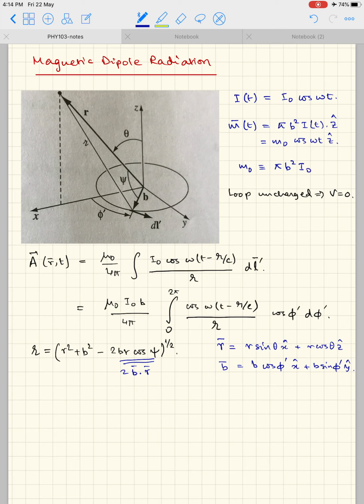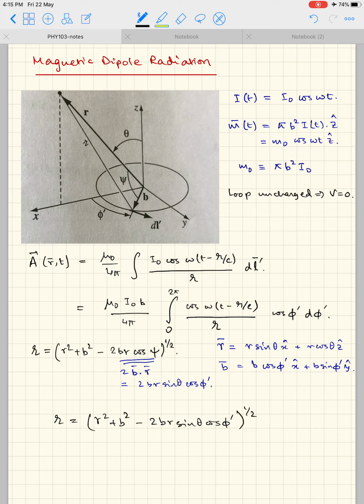And twice b dot r in this language, if you just do this product, is just twice br sine theta cos phi primed. So if you put these together, what you have is an expression for script r, which is r squared plus b squared minus twice br sine theta cos phi primed, this whole to the half.